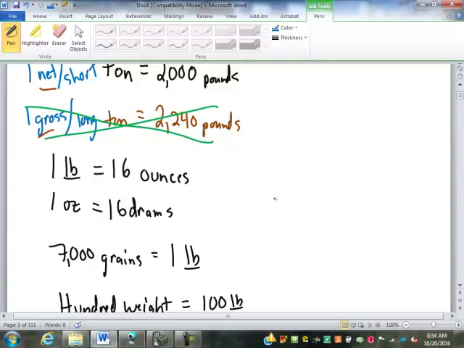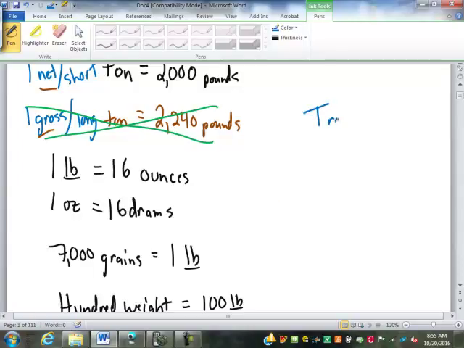Well, precious metals, gold, silver, and others, the world center for buying and selling those was established on the island of Troy. That was originally one of the richest areas in the world, and that's where gold and silver traditionally was traded. So we still to this day buy and sell precious metals in troy units.